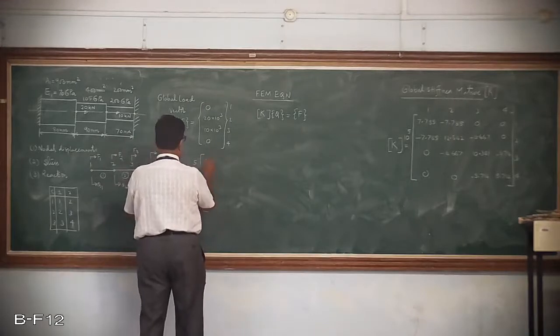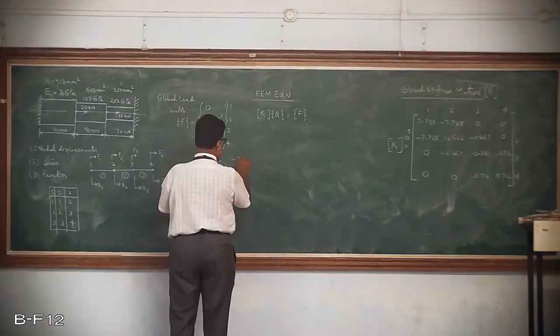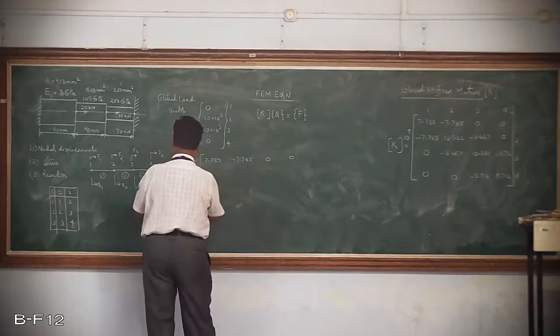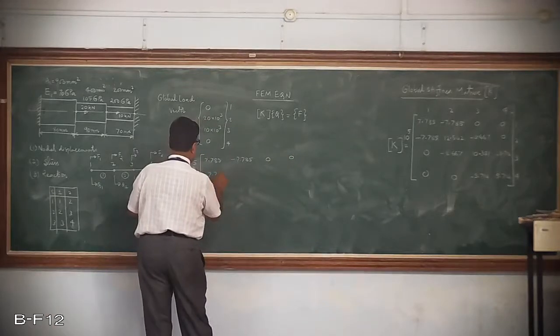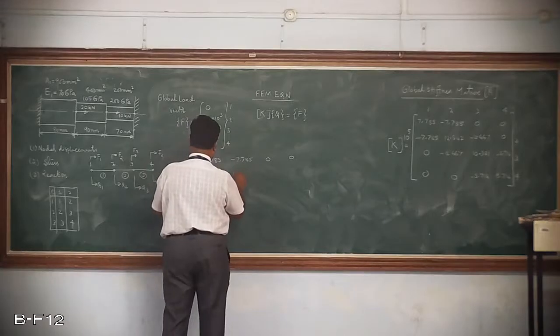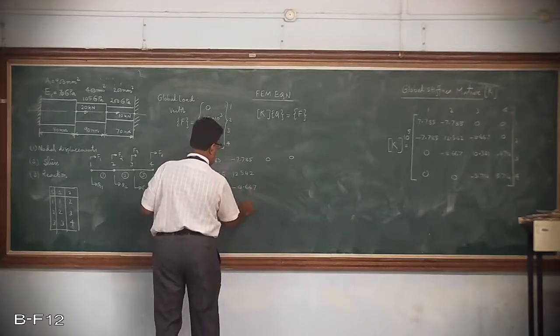Once again we will write 7.785, minus 7.785, 0, 0, minus 7.785, 0 and 0, 12.542, minus 4.667, and finally 0 here.